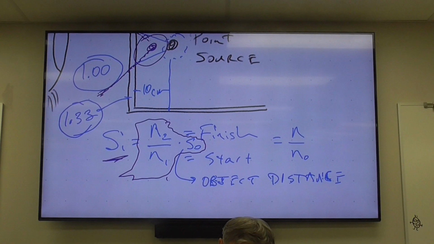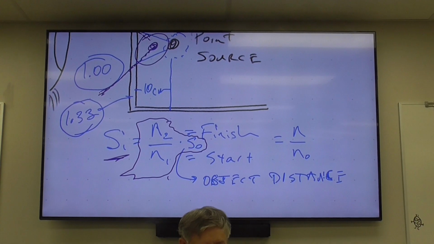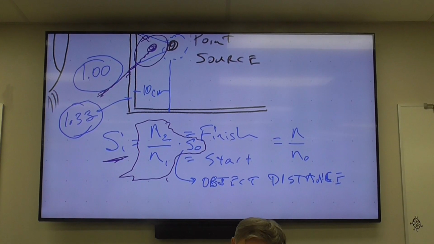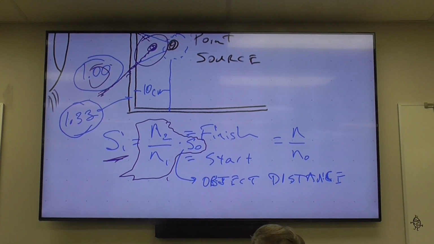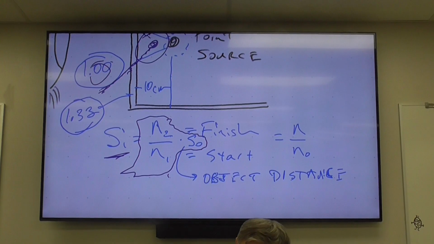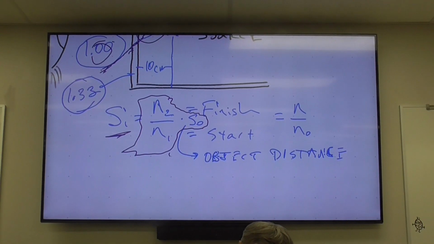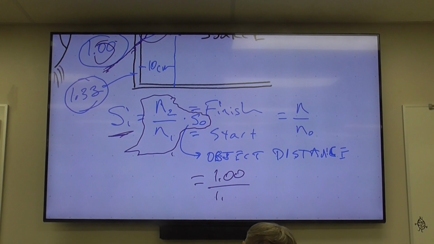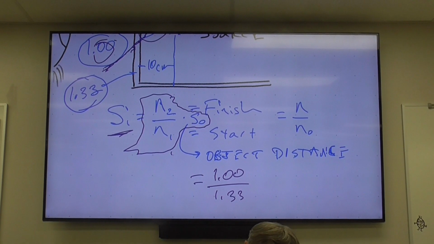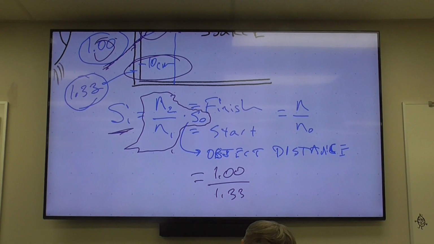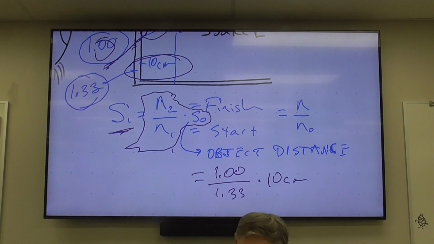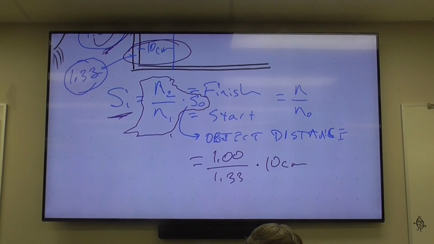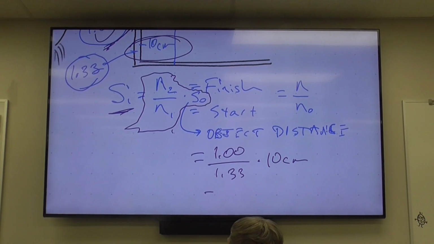So here's how this is going to play out. Here you have glass which has an index of refraction of 1.33. That's where that started. It's ending up out there with a value of 1. So in this situation, I'm going to take 1 and divide that by 1.33, and the actual distance behind that thing is 10 centimeters. If you do the math on this, I think it's like 7.5.